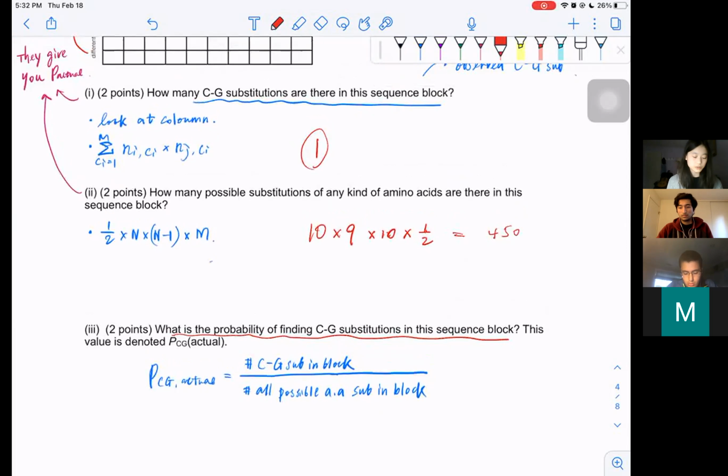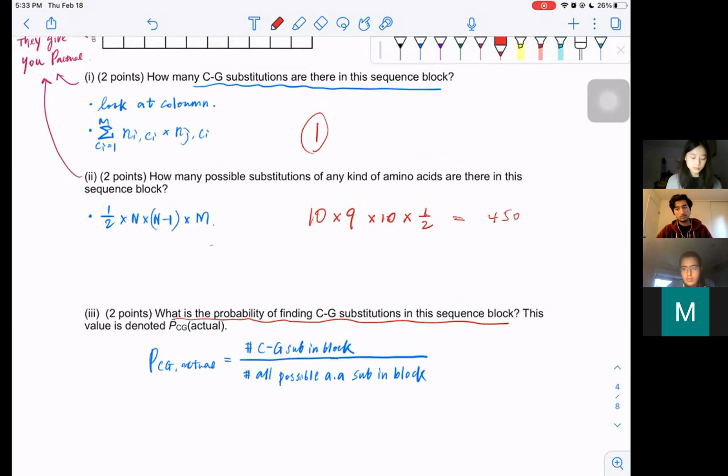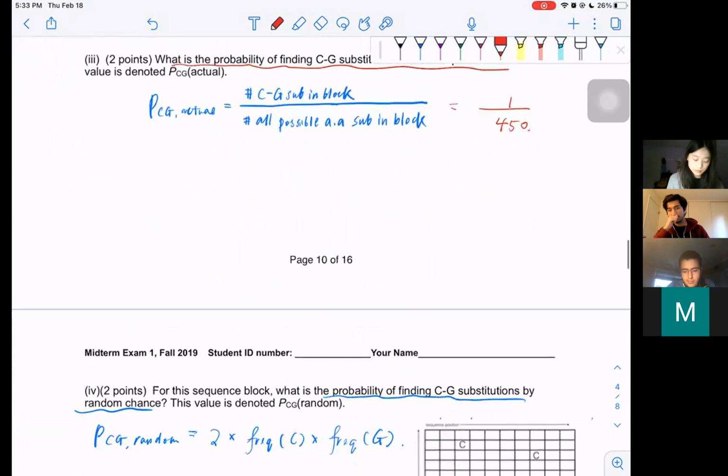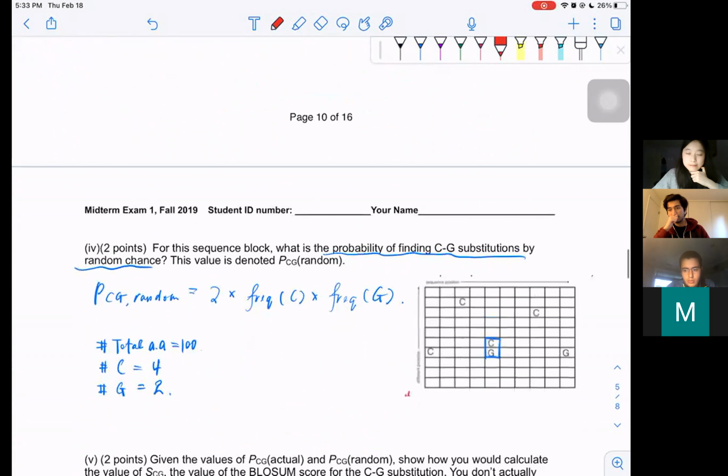So that is really just the ratio of problem 1 and problem 2 that we just walked through. Are there any questions so far?